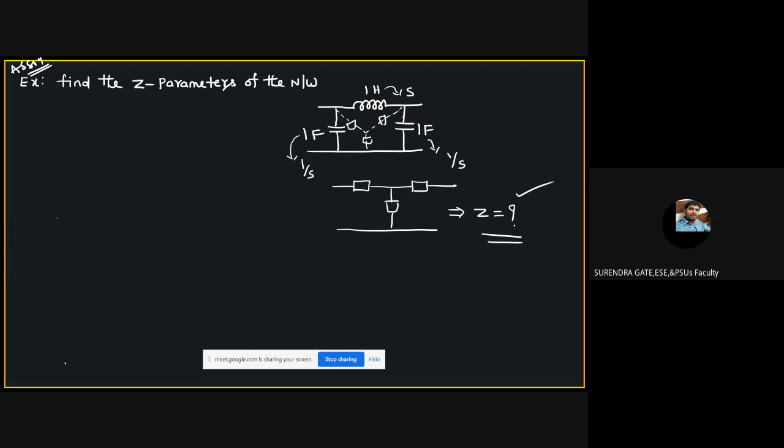Yes, one more problem. The next topic is, before going to the conversion of the parameters, you concentrate on different models of problems.